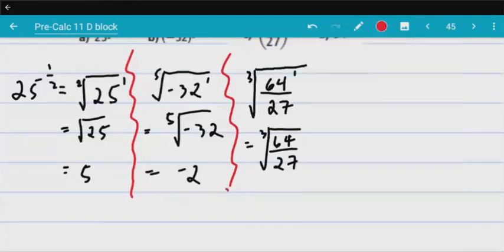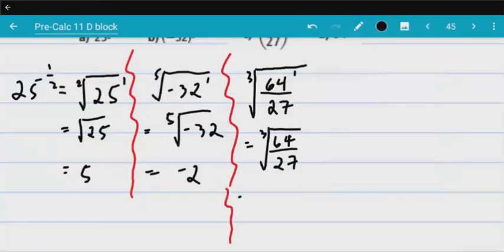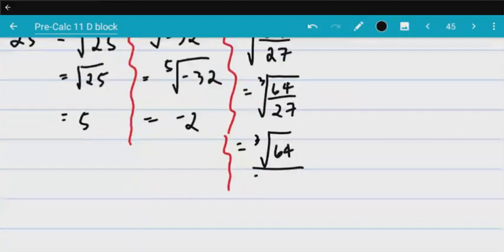What you can do is this. Remember one of the radical laws: if you have a fraction inside a radical, you can split the radical into two parts, provided you use the same index. Some of you don't really need this step.